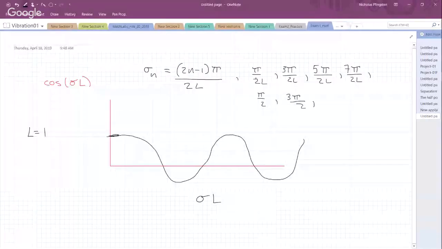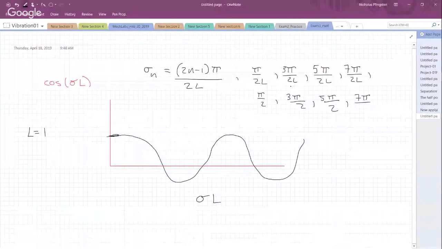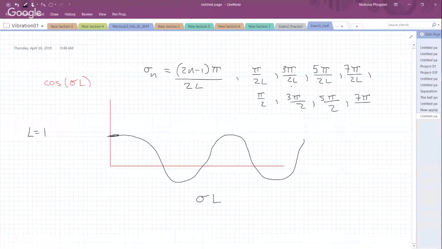All right. So, the solution, given the boundary conditions, here we can solve for sigma n. I put a little box around it. I didn't feel like plugging it into my expression for omega n in this case. So omega n squared is this.